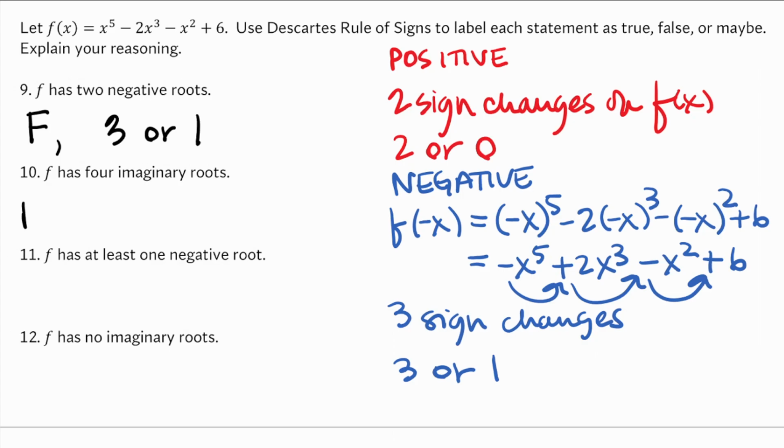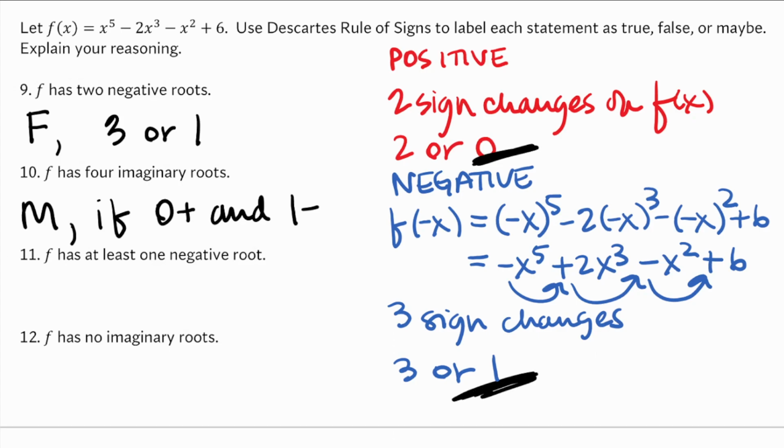That could potentially be true, definitely not guaranteed true, but that could happen if there were 0 positive roots and 1 negative root. If both of those were the case, then we would have 4 imaginary roots, because there'd be 5 total.